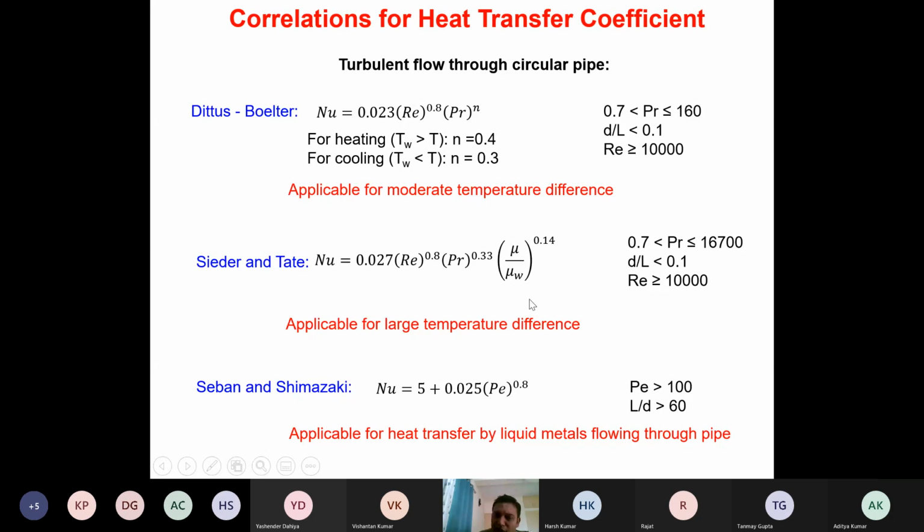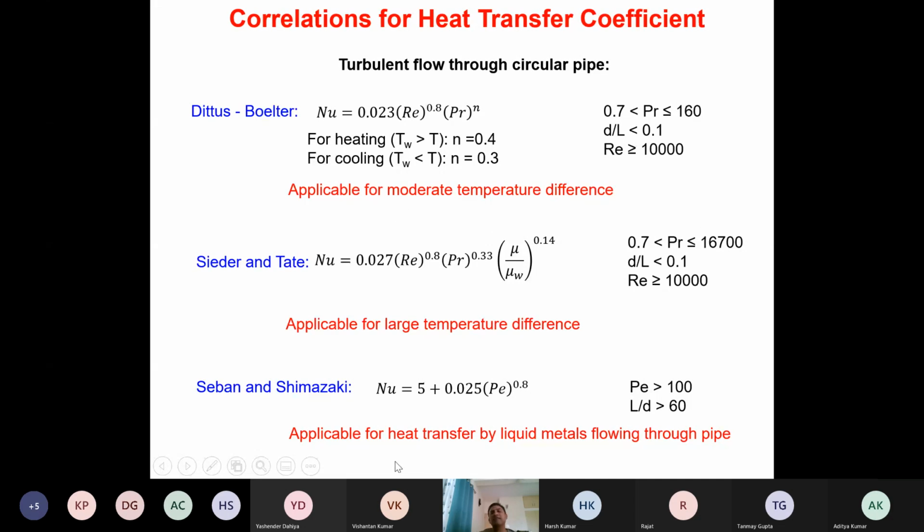So there is an additional factor coming in, mu by mu_w. This accounts for the viscosity at the bulk divided by the viscosity of the fluid present near the wall. Okay, clear? This is applicable for a large temperature difference, whereas the Dittus-Boelter equation is applicable for a moderate temperature difference.